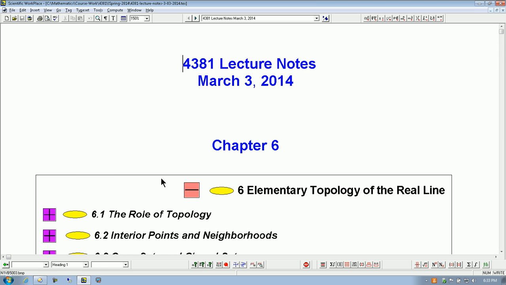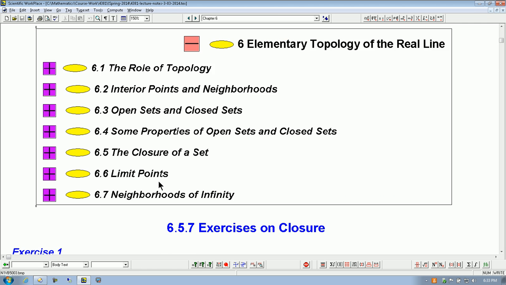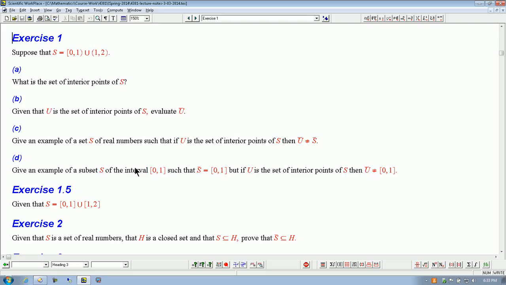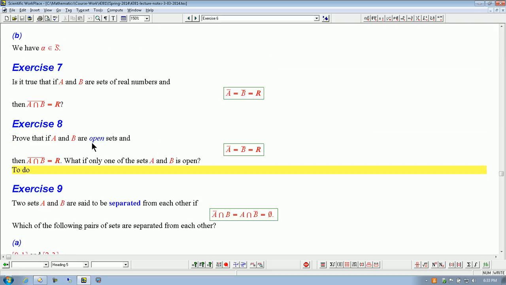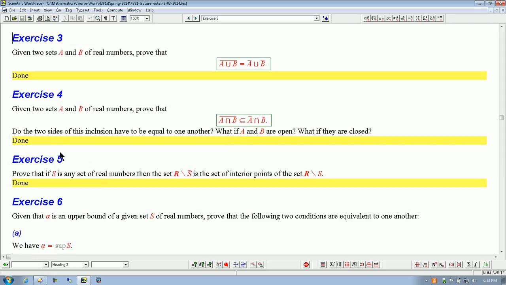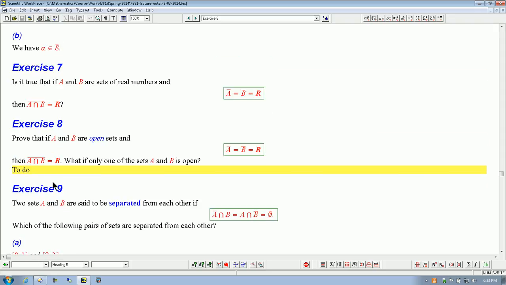And we are getting going, and I need to do a little bit more of these exercises on closure. I want to do this number 8, and some of these are done, but I know that I've got to do number 8.